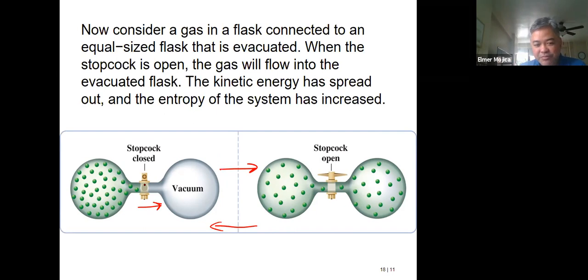Because usually if you open this one, this is what will happen. But for this to be back there, you have to put some effort, you have to do some intervention. But in terms of energy, since you open this one, the kinetic energy is spread out, so the entropy of the system increases.